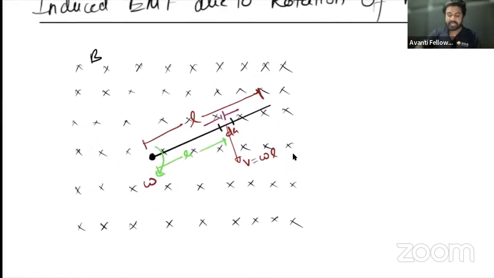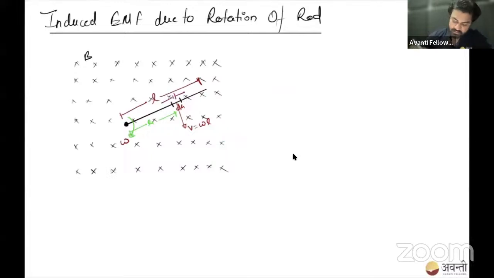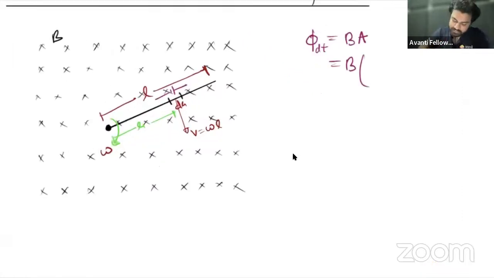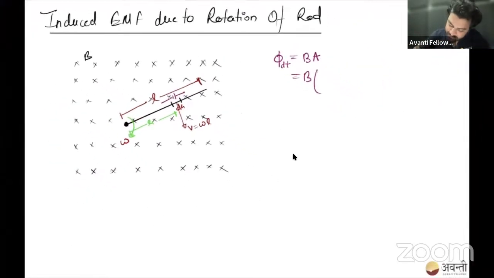Now it will rotate and cut the magnetic field lines. So how will it cut the magnetic field lines? Flux is equal to BA, correct? The magnetic field is B. The area that it sweeps in, let's say, dt time is the length of this small section, dr, into velocity.